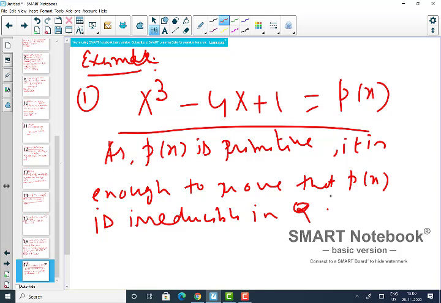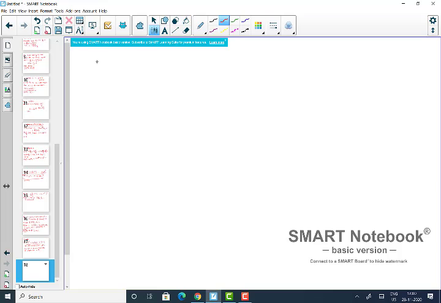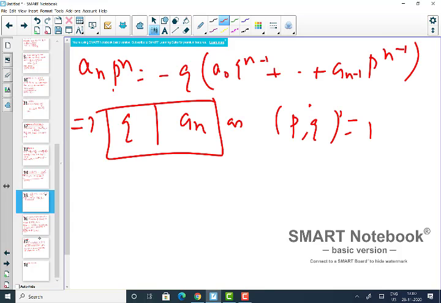So over Q, what do you know? If this is a monic polynomial, right? The leading coefficient is 1. So we need to check that, as p(x) is monic. See, monic means what? Monic means the leading coefficient is equal to 1.